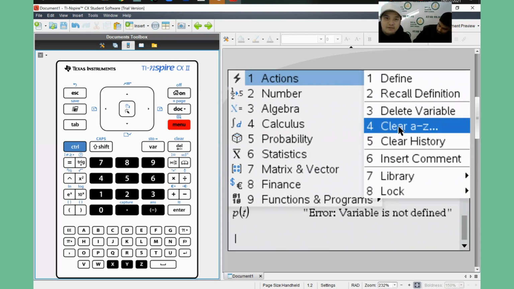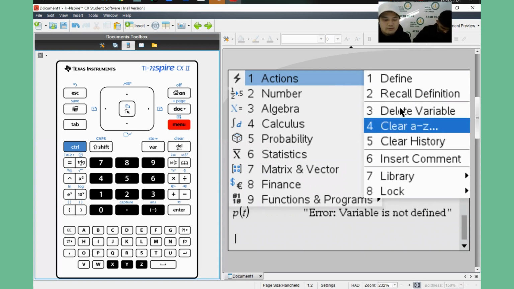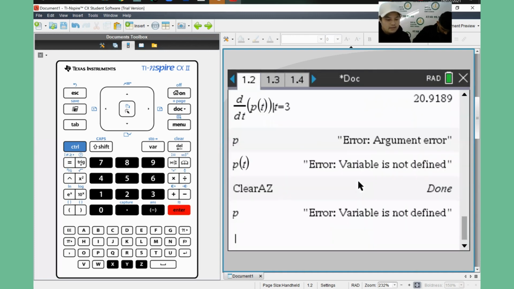You can clear one specific variable or A to Z everything. Once you finish one test, you don't want that anymore. So clear A to Z. Now when I put P, it's not bold anymore.